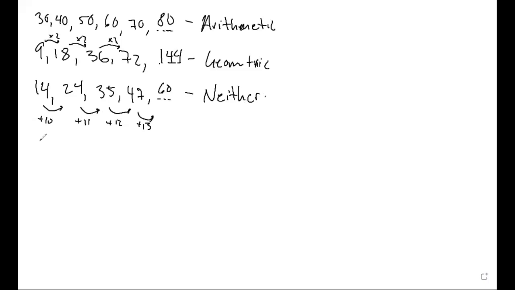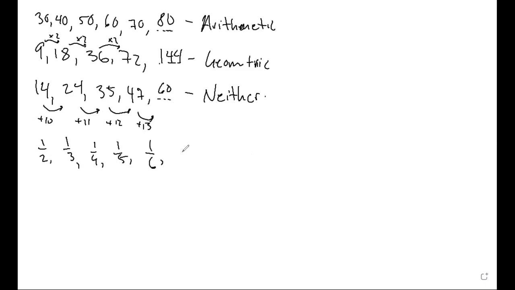Good. Here's another sequence. What's the next element of the sequence? I hope that all of you can get this right. What's the next element of this sequence? 1/6. Good.